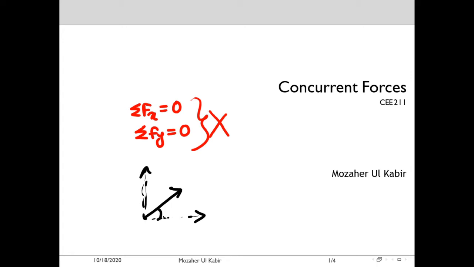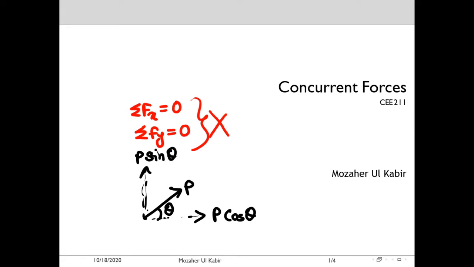If the angle is mentioned here, that the angle is theta with the base or the horizontal component, and if the force is P, so the horizontal component will be P cos theta, and on the other hand the vertical component will be P sin theta.